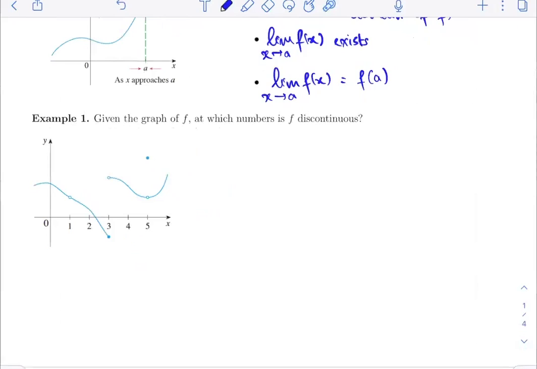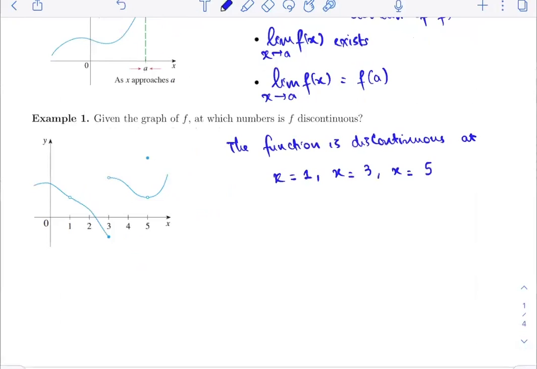So we can write that the function is discontinuous at x equal to 1, at x equal to 3, and x equal to 5.